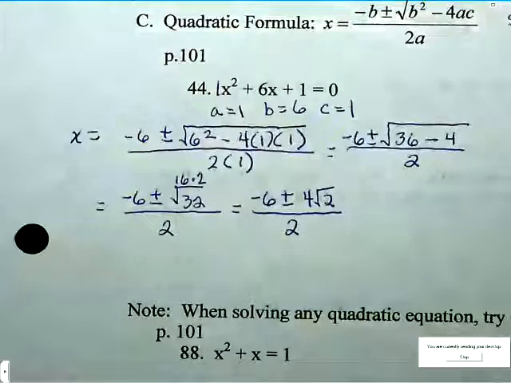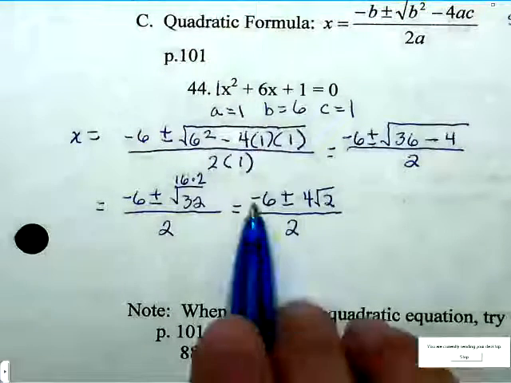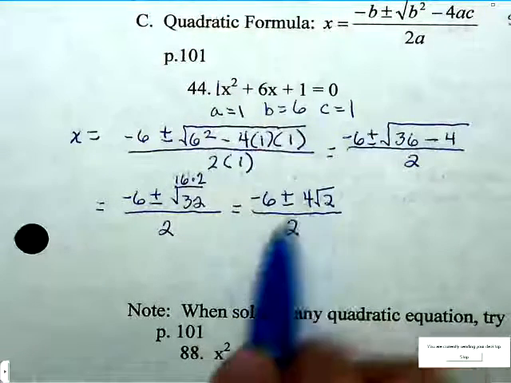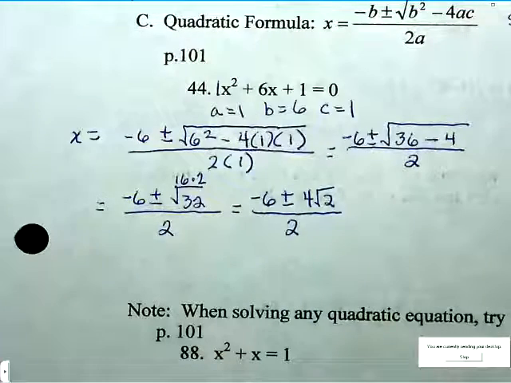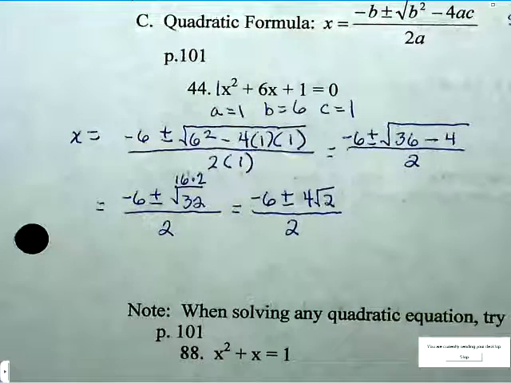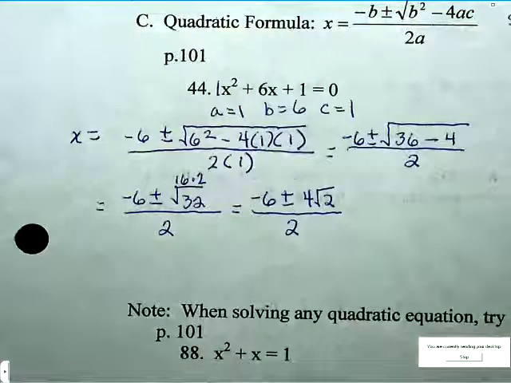And I'm still tempted to cancel this 2 and 6, or maybe that 2 and 4. But I need to factor. What can I factor out of the numerator? A 2.